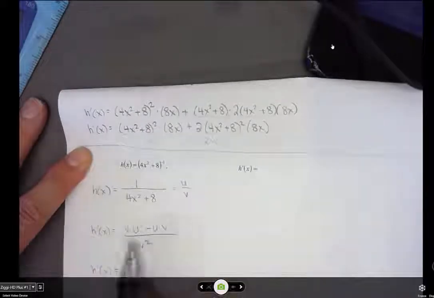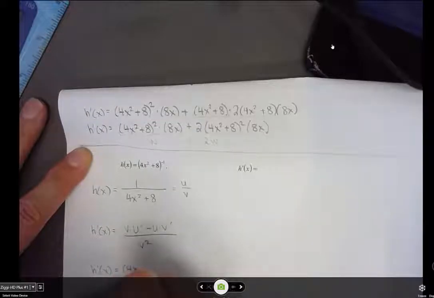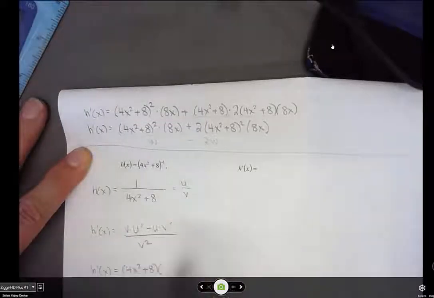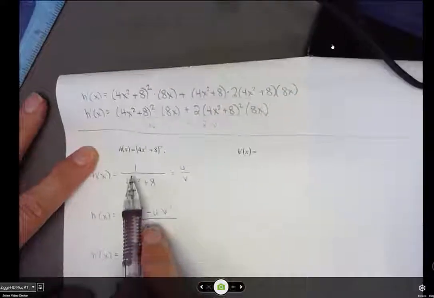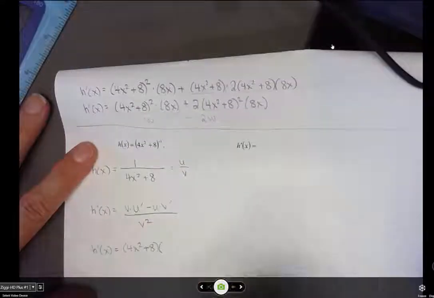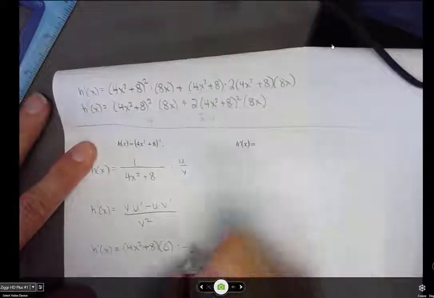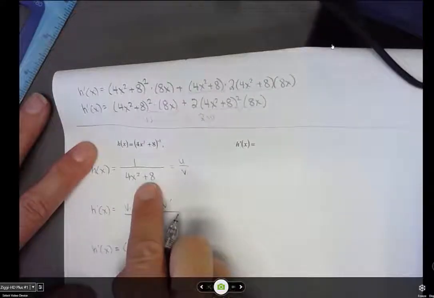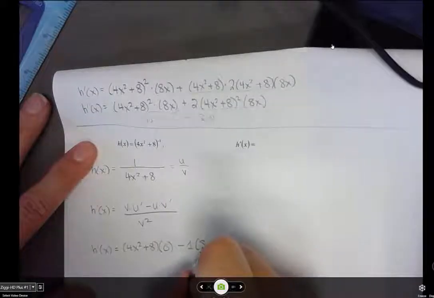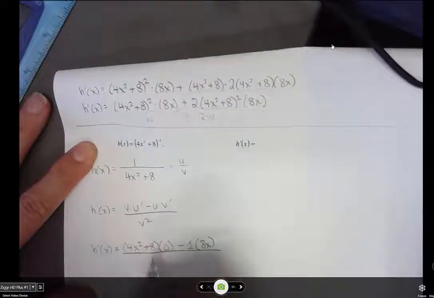Okay, v is the bottom times u prime. Well, if u is 1, then u prime is 0. The derivative of the constant is 0. Minus u, which is 1, times v prime. So if v is the denominator, v prime is 8x. All over the denominator squared.